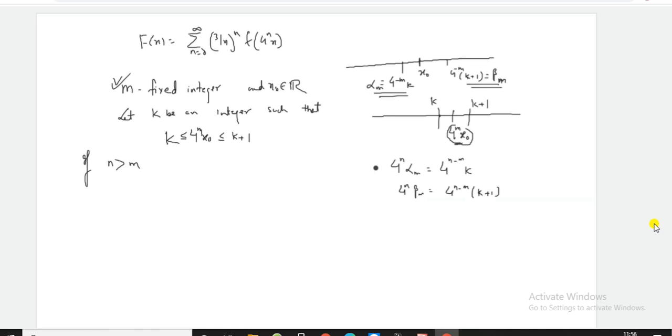Then your 4 to the power n alpha m and 4 to the power n beta m, when you calculate the difference, what will you get?